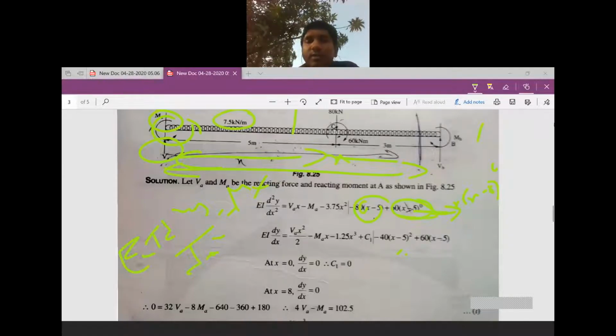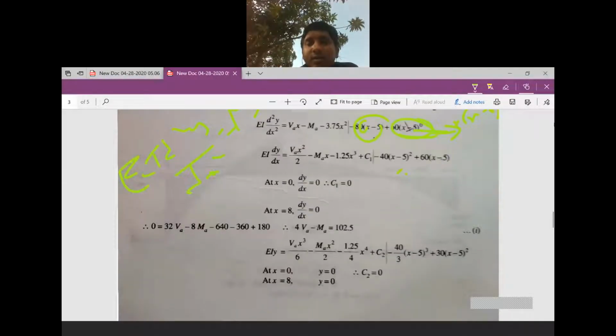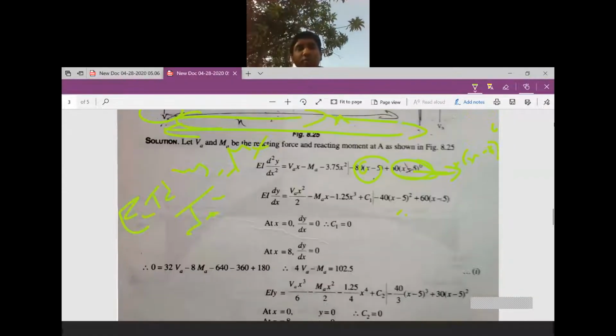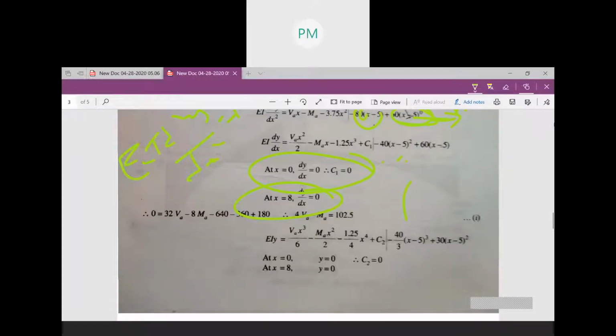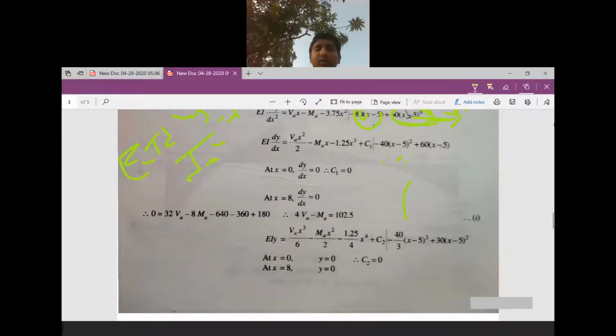Understand? Next, when I integrate again, I am substituting the same boundary conditions whatever I substituted before. At x is equal to 0, dy by dx is equal to 0, then C1 will become 0. At x is equal to 8, dy by dx is equal to 0, you will get one equation. Simplify and you will get this equation.